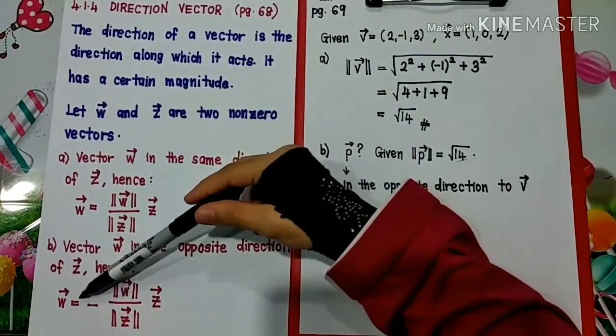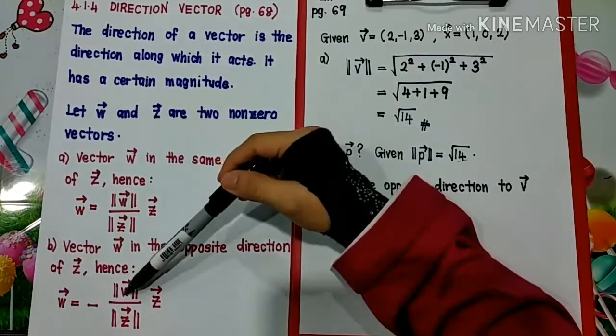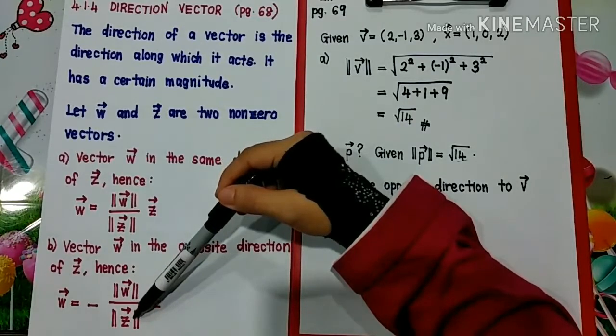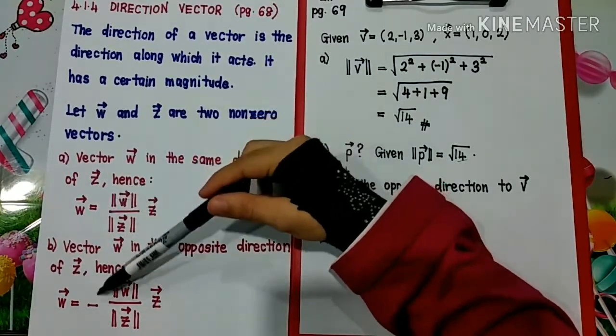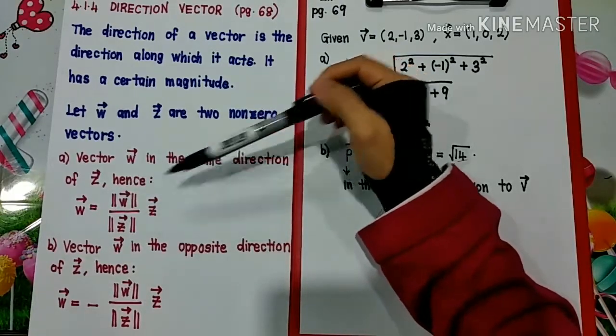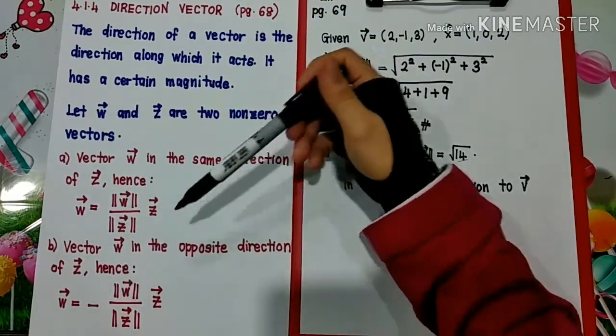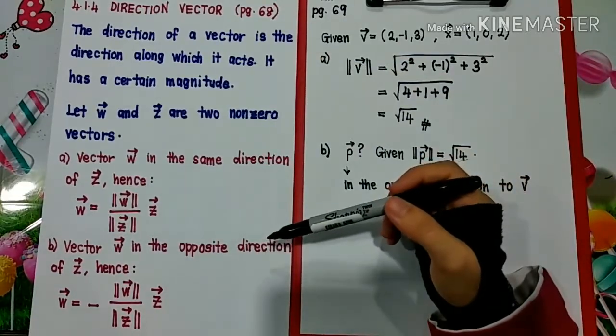So W equal to negative, magnitude of W divided by the magnitude of Z, multiplied with Z. So the difference here is positive for the same direction and negative for the opposite direction.